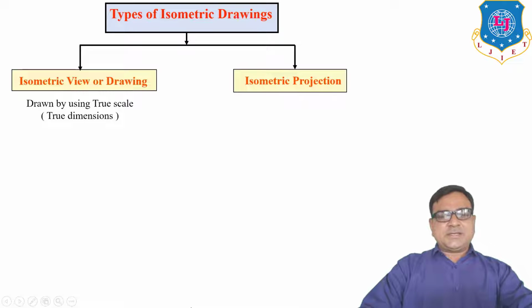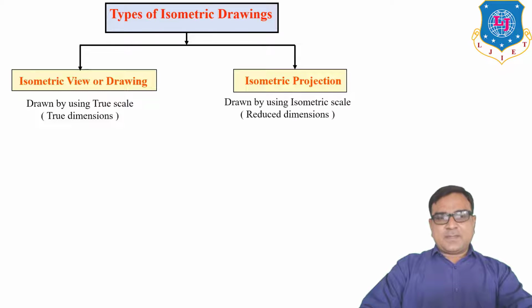Whatever the dimensions in orthographic projections, the same dimensions are used for the 3D drawing. That type of drawing is known as isometric view or isometric drawing. And when we reduce all the dimensions for the 3D drawing, then that type of drawing is known as isometric projections.